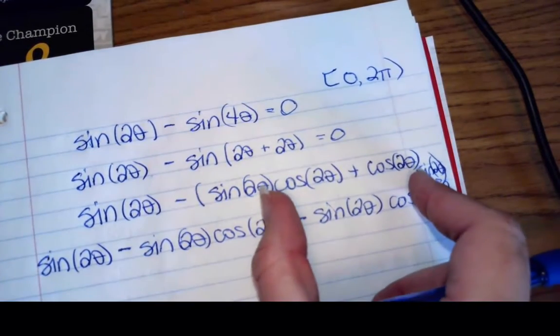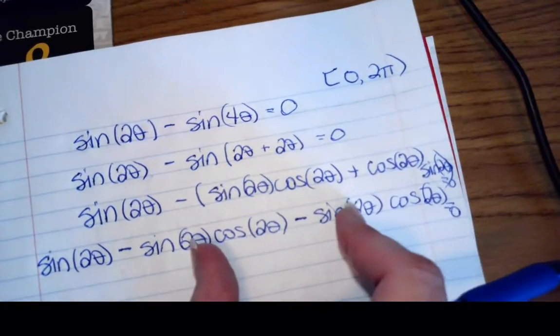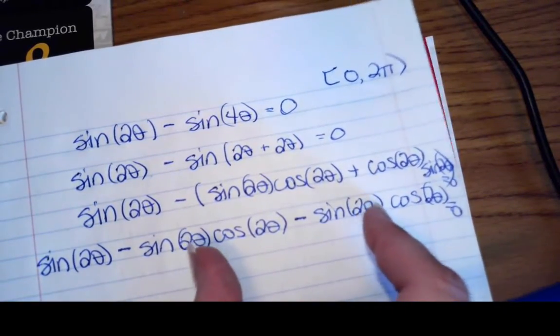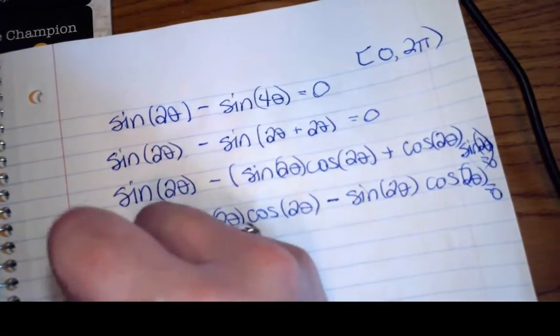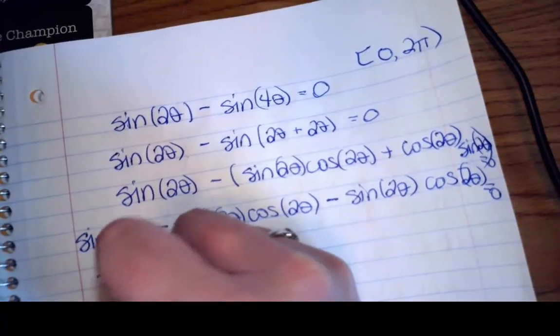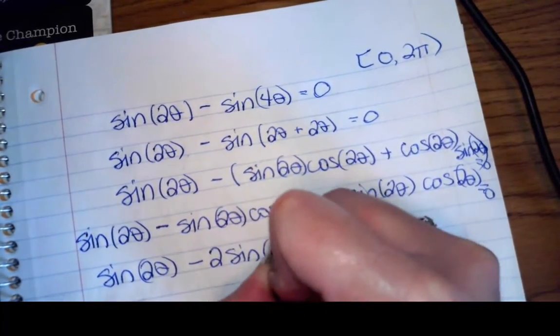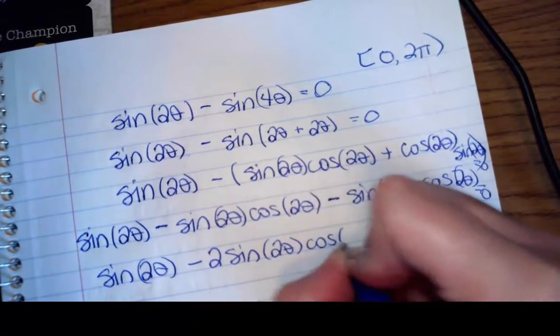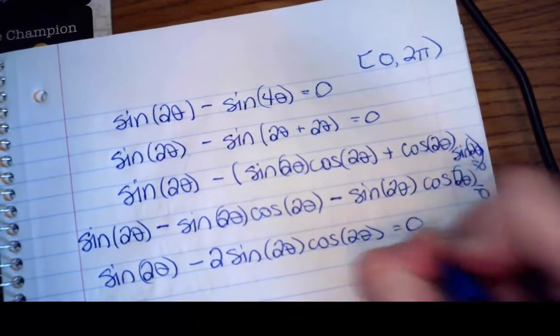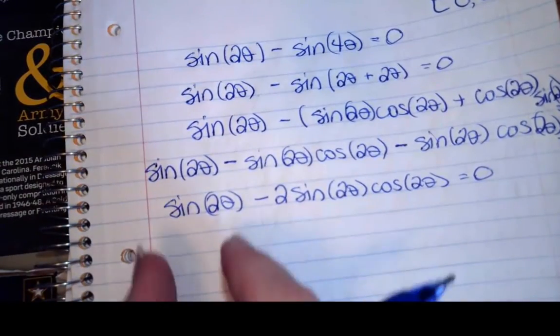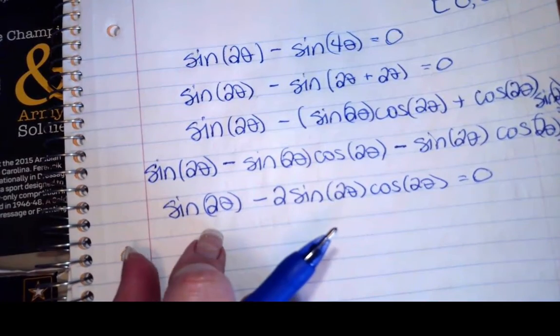So I could have noticed it here, but I better notice it here that these are like terms. So I'm going to have sine 2 theta minus 2 of these things equals 0. And now I notice that I've got like terms again.